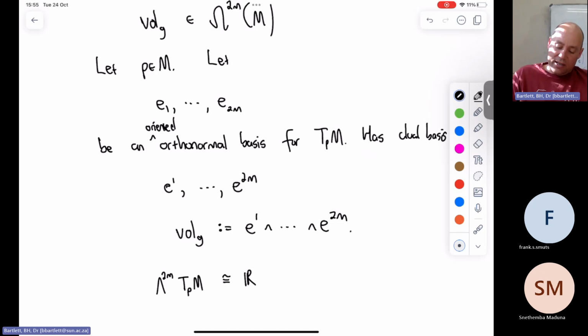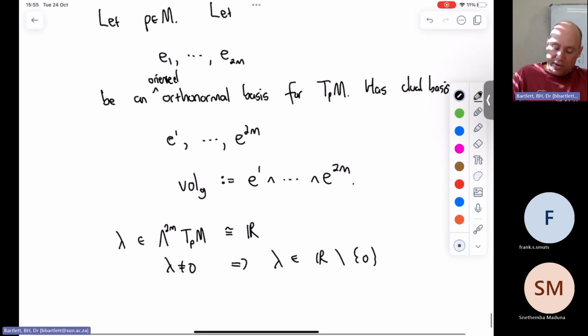So if you've got something, let's say I've got lambda living inside here, which is non-zero, that means that lambda is living inside R minus 0, right? Let me write it like this.